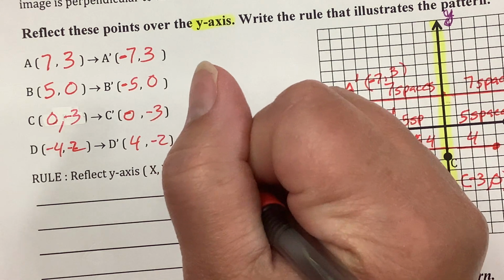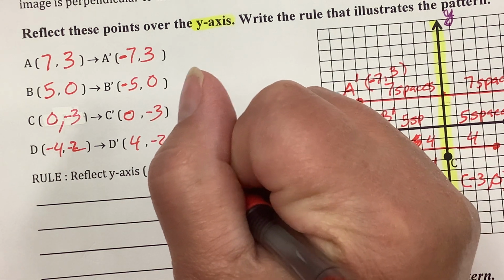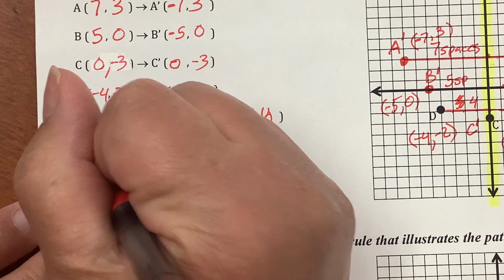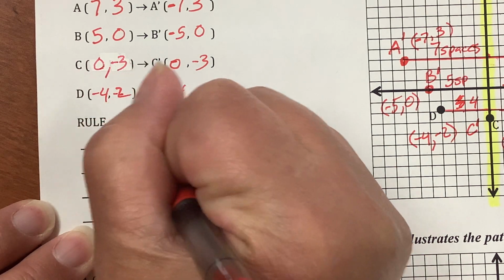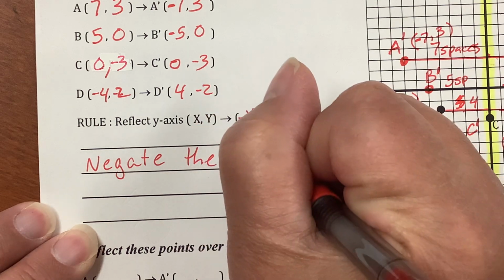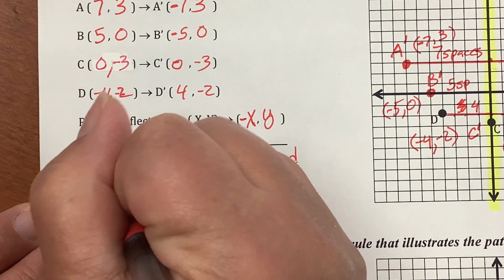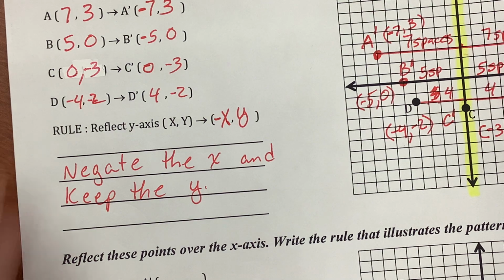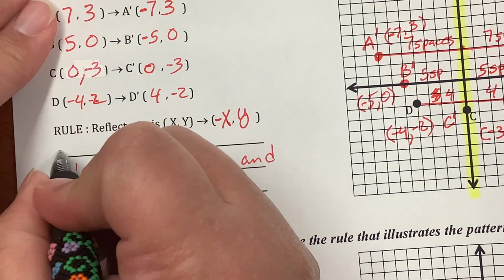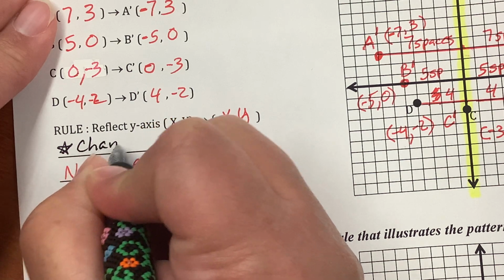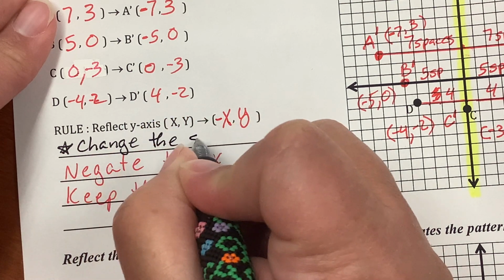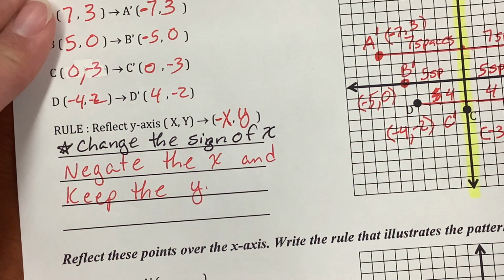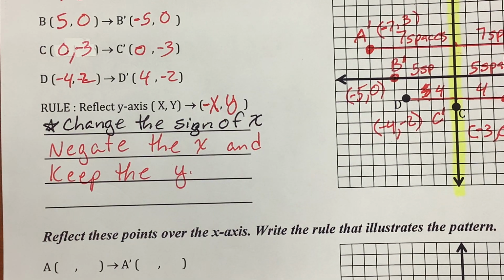So for X, Y, you're going to negate the X and keep the Y. So let's write that in words: negate the X and keep the Y. I'm just going to put a little star up here and write change the sign of the X and keep the Y.